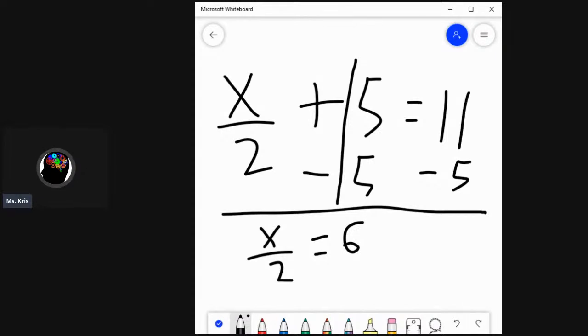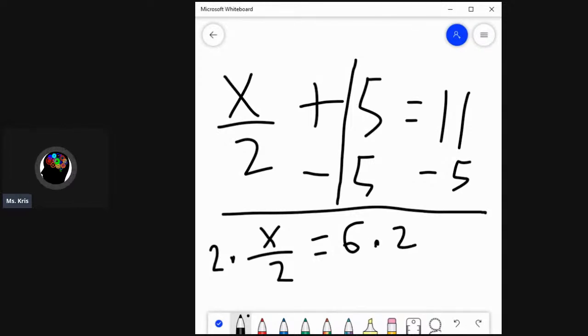So after I find that answer, I then in turn multiply by 2, because I'm still trying to make sure that I get my x by itself, because of course you have to remember, all we're doing in this part of algebra is solving for the unknown. Algebra is best known as the math of the unknown and solving for it. So to get x by itself, I multiply by 2 on both sides.